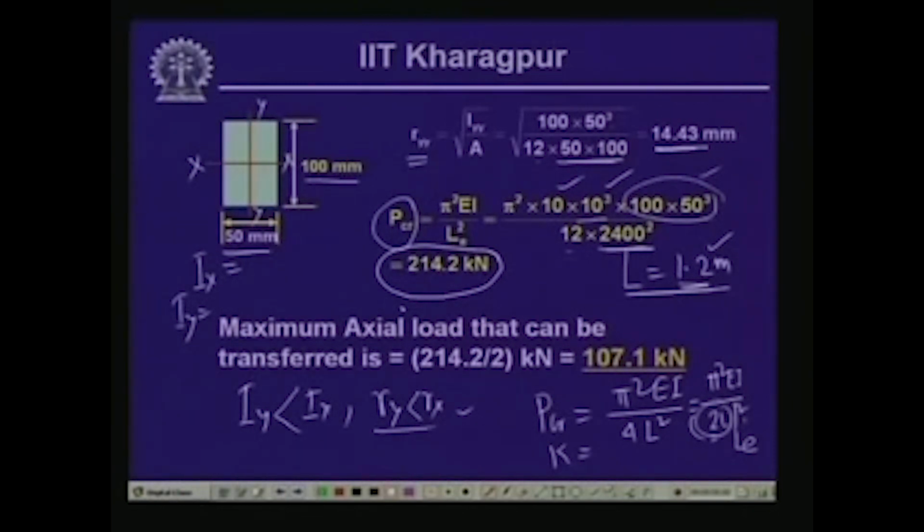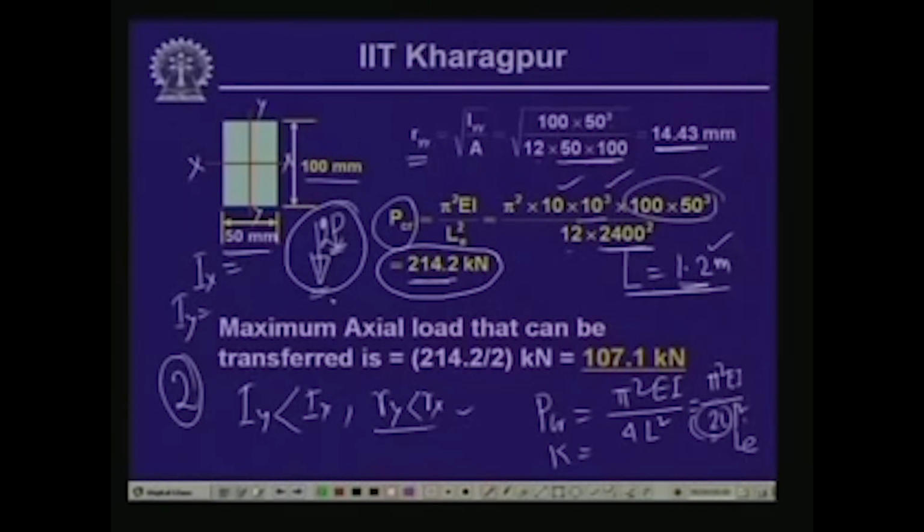Now, as it has been indicated, you will have to find the load in terms of a factor of safety of 2. That means you will have to apply a load P in such a way that you can achieve the factor of safety of 2. That means, if we apply a load of twice P, the member should be in a position to withstand that stress.